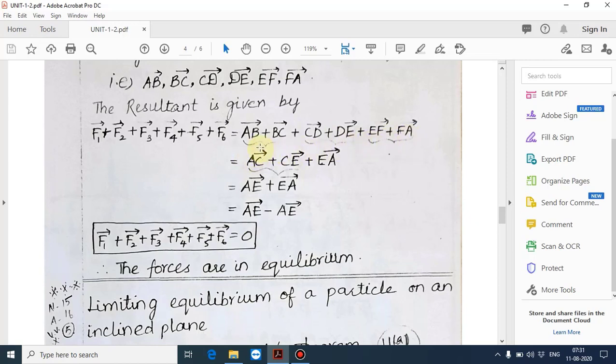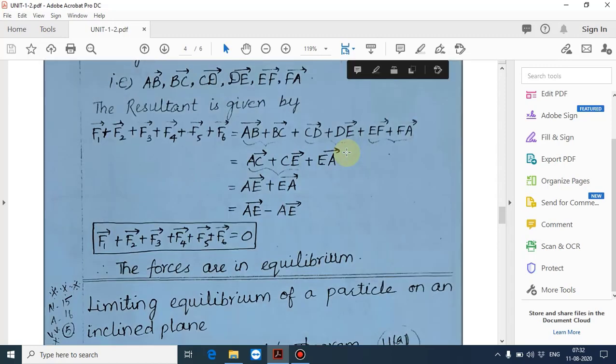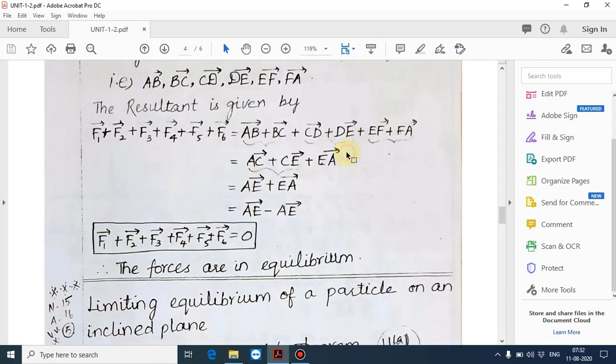Okay, from the earlier theorem also, AB plus BC is equal to AC, and CD plus DE is equal to CE, and EF plus FA is equal to EA.